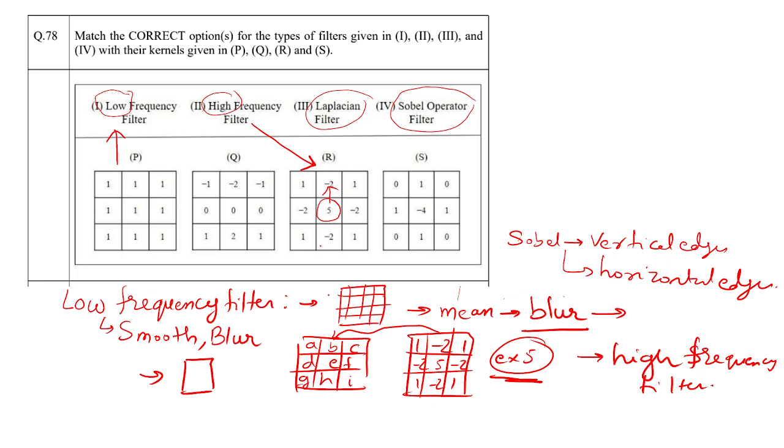This type of filter will have values like -1 -2 -1, 0 0 0, and 1 2 1. Or the other may be like -1 0 1, -2 0 2, -1 0 1. Either type it may be. One type detects vertical edges and the other detects horizontal edges. So this is a fixed type.